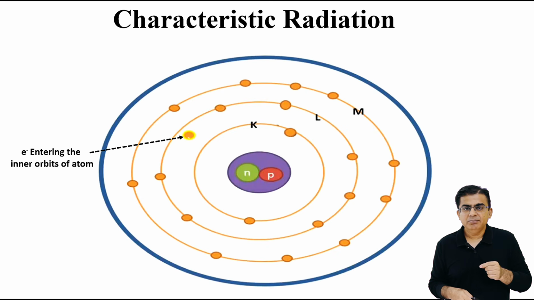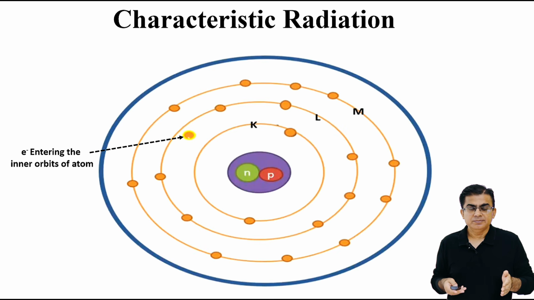Notice how it completely ignores the negative electrons floating in those outer orbits. These outer electrons have a very weak binding energy, so they cannot stop this powerful incoming electron having high energy in the form of high kinetic energy. Because this bombarding electron is carrying a massive kinetic energy of more than 69.5 keV, it easily passes right through these outer layers.